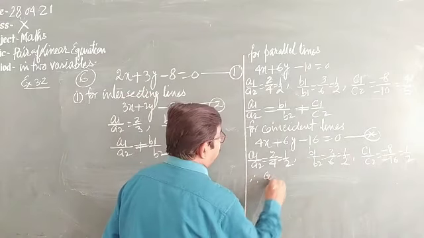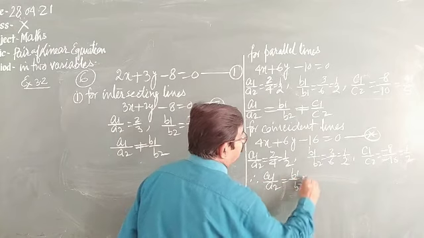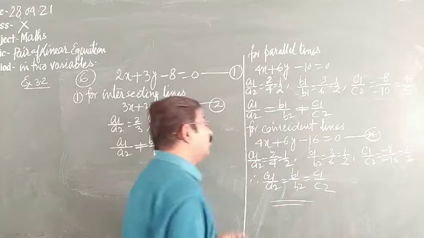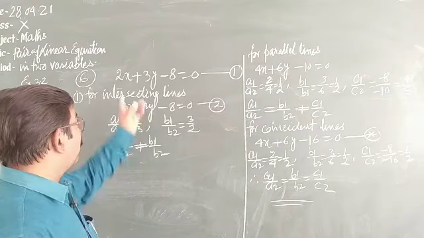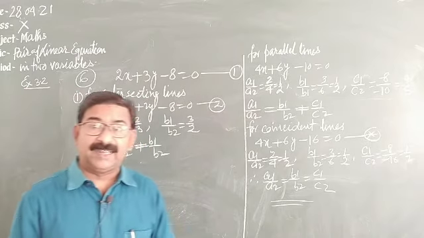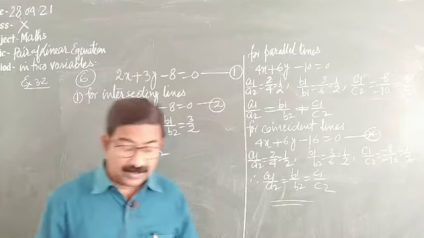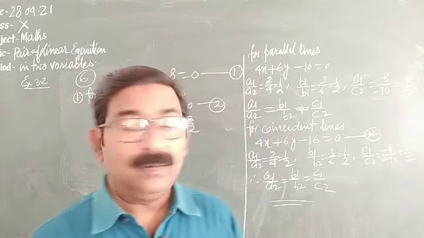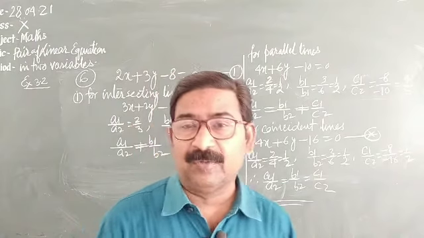Therefore, a1 upon a2 is equal to b1 upon b2 is equal to c1 upon c2. So this is how we can write different equations for this single equation, showing intersecting lines, parallel lines, and coincident lines. We can check the ratios and after that write the equation.